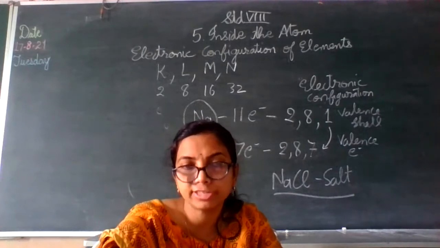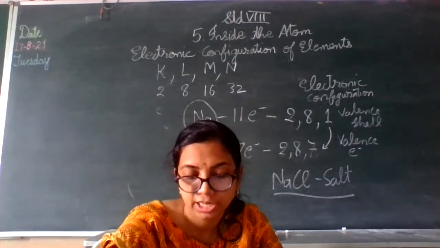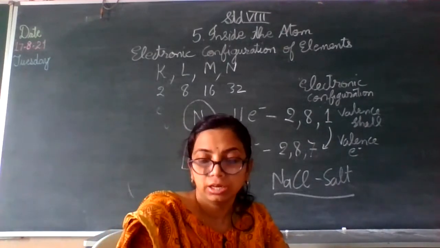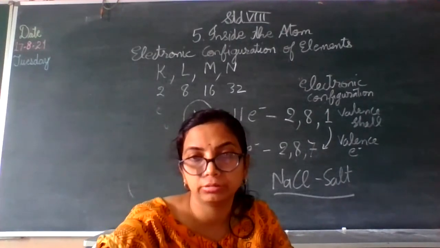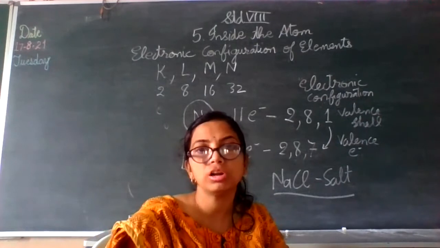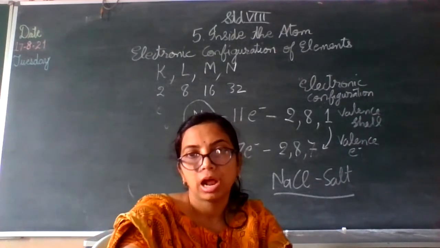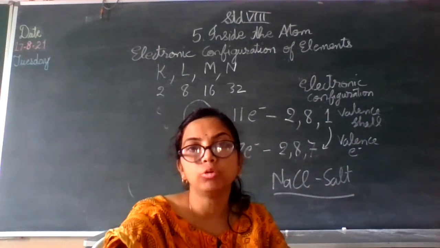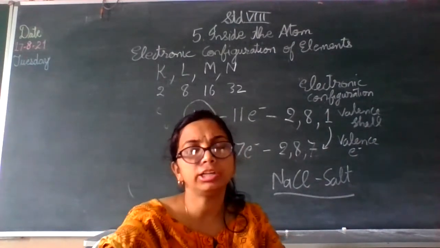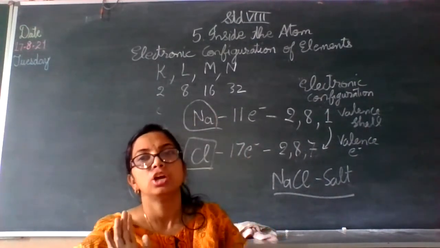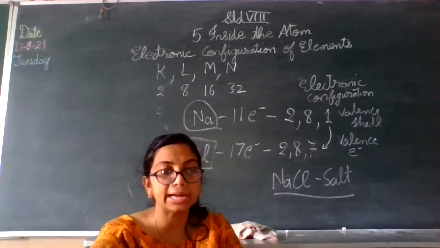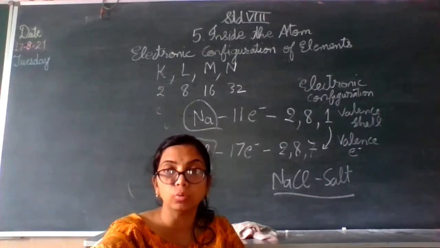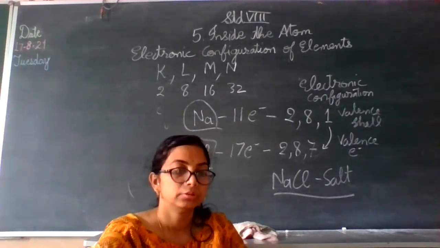In carbon we have seen 4 electrons were less for completion. Okay, up till 4 we can give. After that, for more than 4, we can take. So the outermost orbit octet should be completed to make the atom of that element stable anyhow.